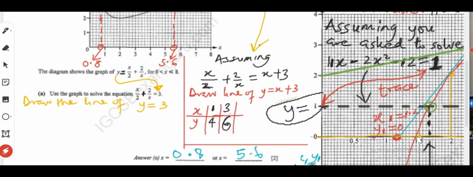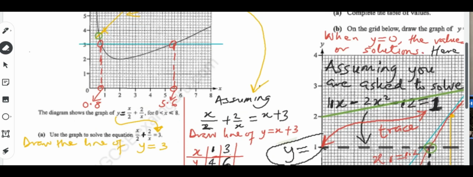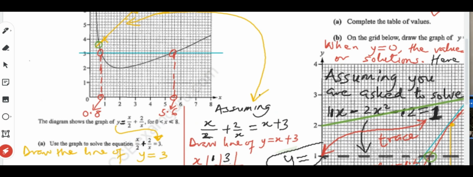Around 5.5. This one would have given around x equal to 0.5 I meant. Or is it 0.6? Let's see. Yeah, 0.6.